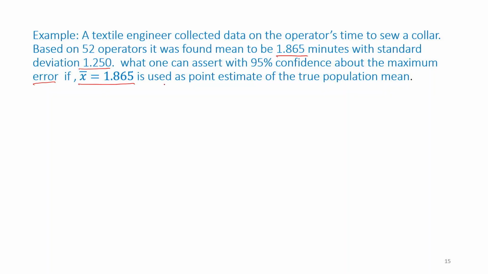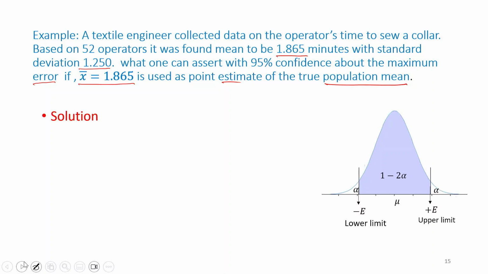If x bar is used as a point estimate of the true population mean, then E becomes my upper limit and minus E becomes my lower limit. So x bar is given here, which is equal to mu. Sigma is also given, 1.250.